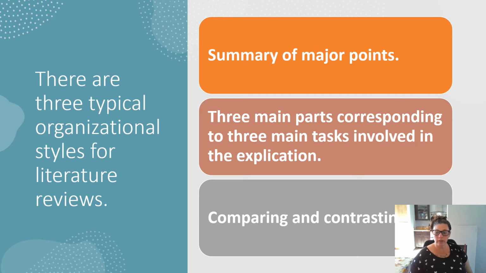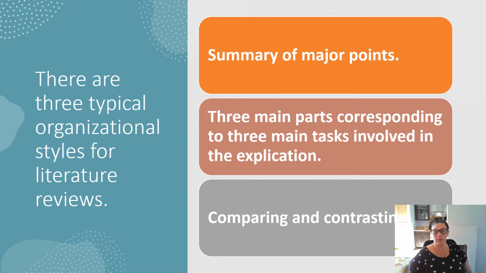So essentially there are three main typical organizations for literature reviews, or organizational styles is what you would call it. The first one is a summary of major points, which means you're essentially going through all of the points one by one and summarizing them.